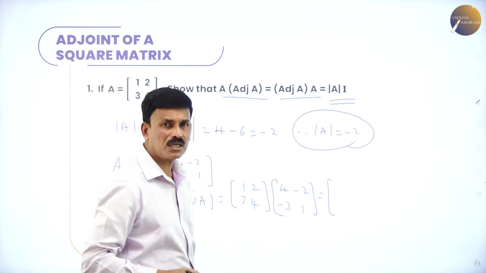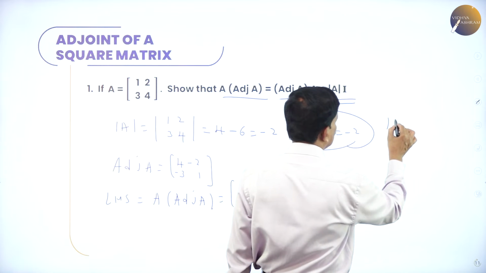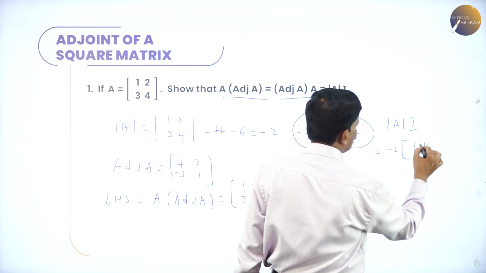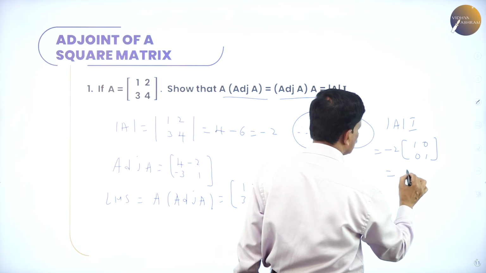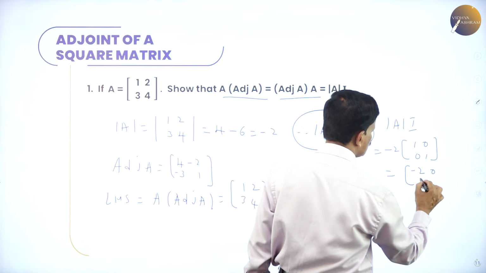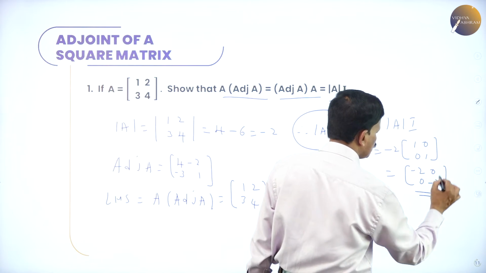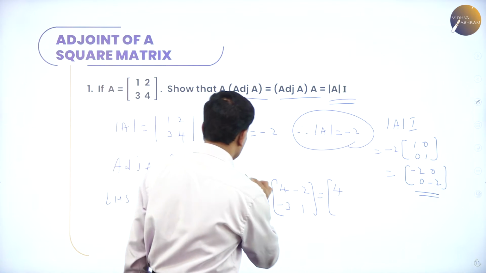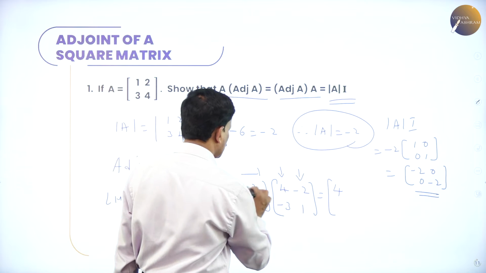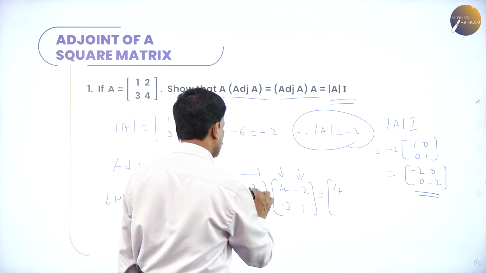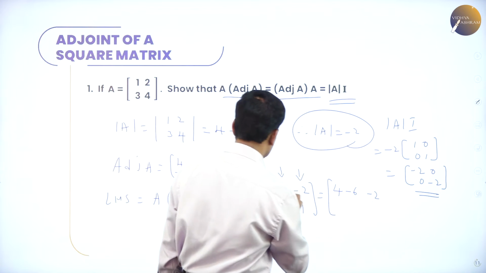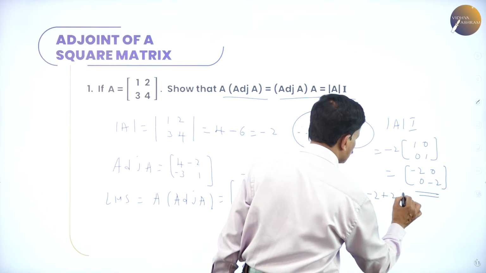So, if you simplify, what is the answer you are going to get? Minus 2, determinant of A into I. What is determinant of A? Minus 2 into [1, 0; 0, 1]. This is equal to [minus 2, 0; 0, minus 2]. Let me check. First row, first column, second column, matrix multiplication. 1 4s are 4, minus 2 3s are 6. 1 2s are 2, plus 2 1s are 2.